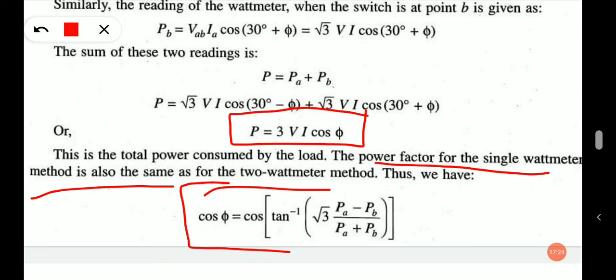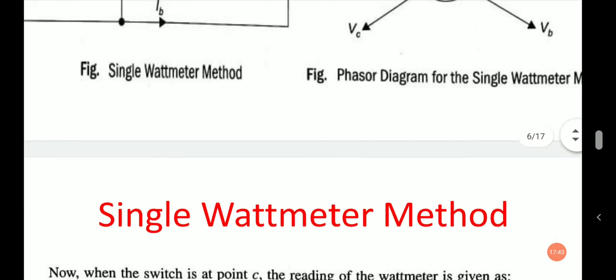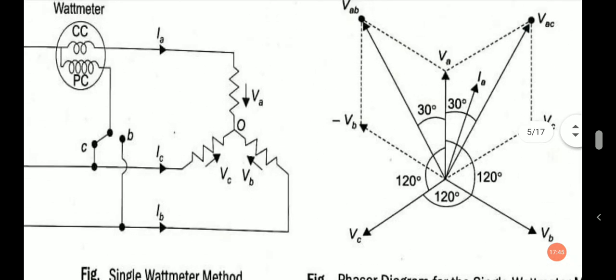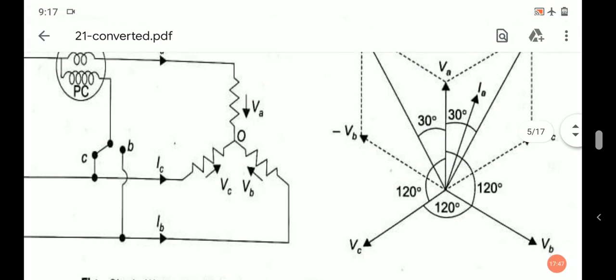Hence we can write cos φ equals cos of tan inverse of root 3 (PA minus PB) upon (PA plus PB). So this is the equation for power factor. So this is about the single wattmeter method.